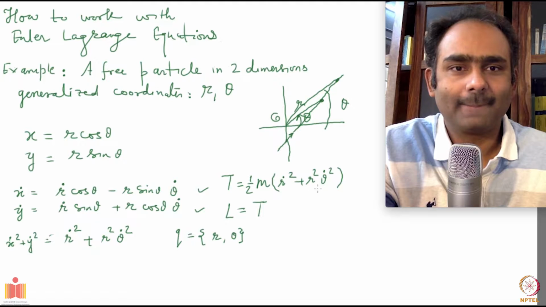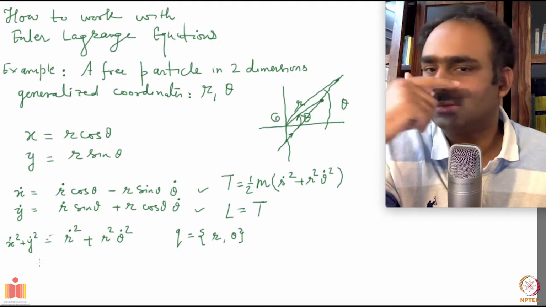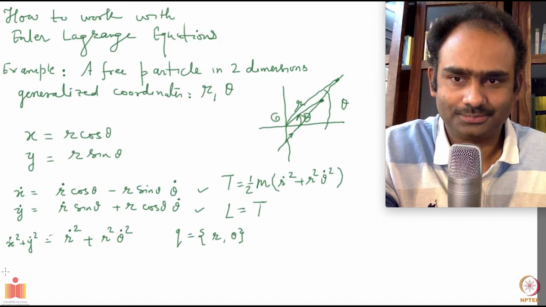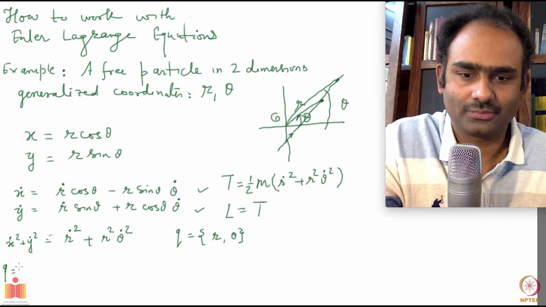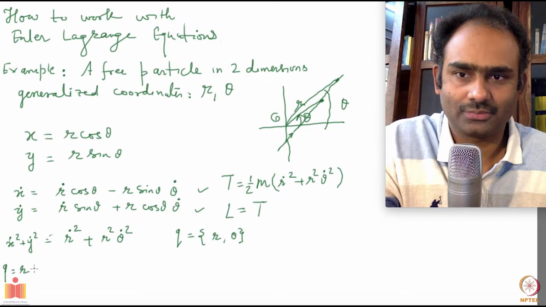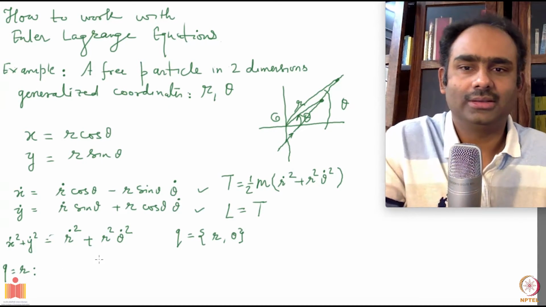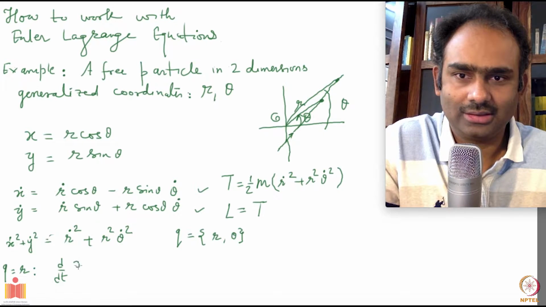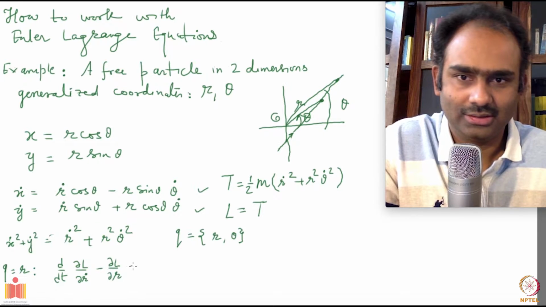Okay, so let's look at the equation corresponding to r. Then you have d over dt del L over del r dot minus del L over del r equals 0.